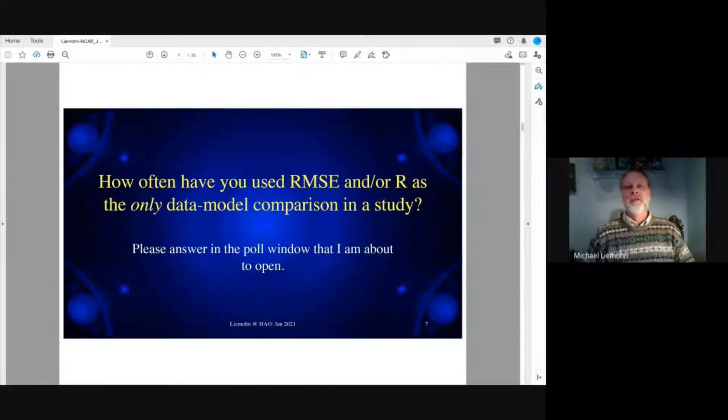It's often that the data model comparison is, you just want to say, oh, the model is good for this, and now let me use the model to explore some other physics. It's getting pretty close to the data, and so you just do one or two data model comparisons with one or two formulas. But there's a really big range of possibilities of different metrics.